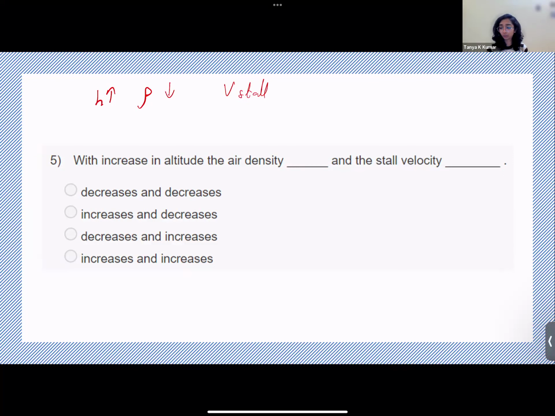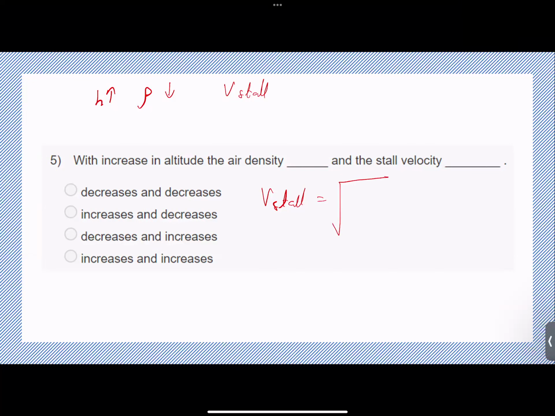What happens to V stall? What was the formula for V stall? So again, one of the first few formulae, only few formulae in fact that we've studied. What was the formula for V stall? Under root 2 W by S by rho CL max.